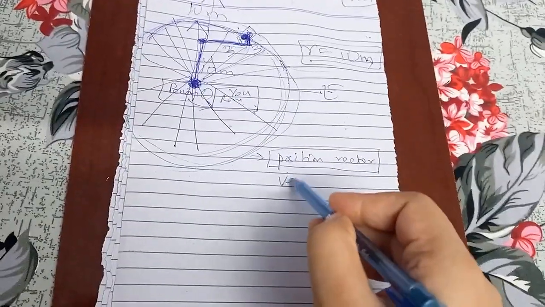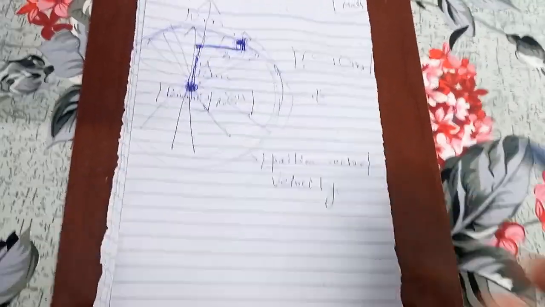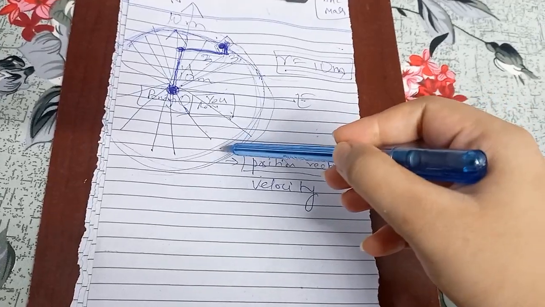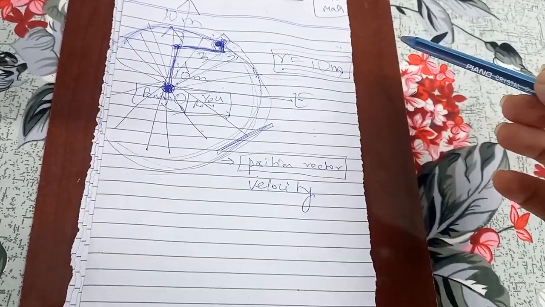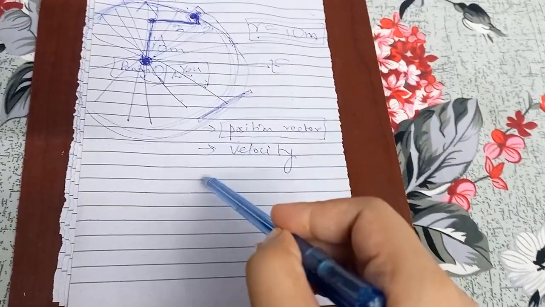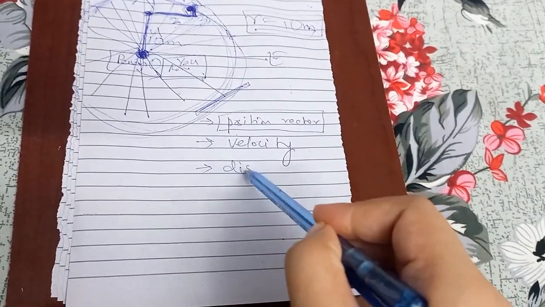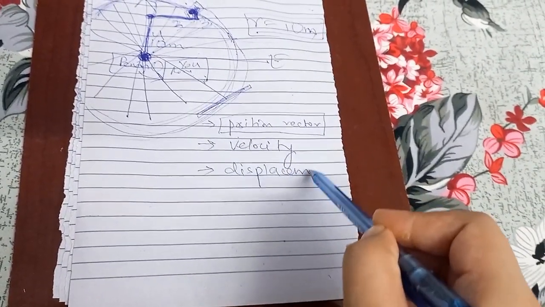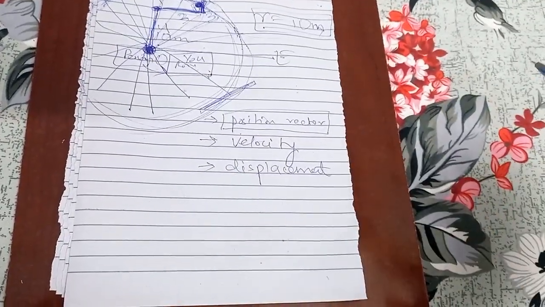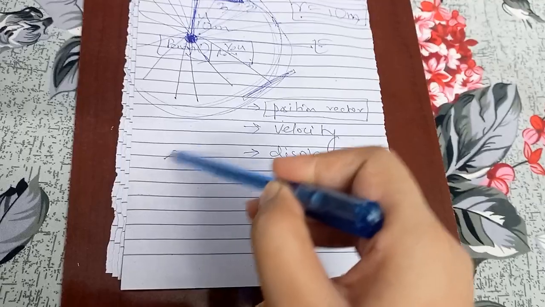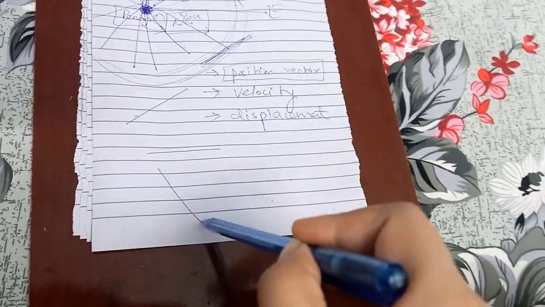Similarly, we have the velocity vector that tells us how fast the body is moving and in which direction this body is moving as well. And similarly, we have the displacement vector. The displacement vector tells us the distance being covered, but in which direction as well, like the distance is covered in this direction, or this direction.